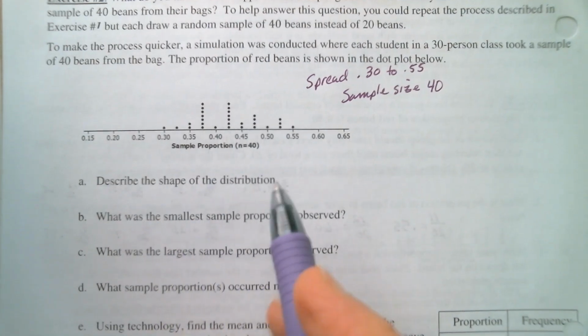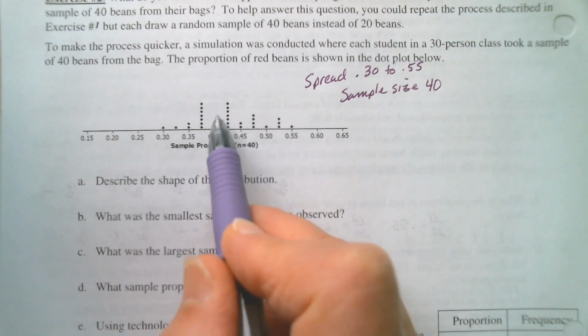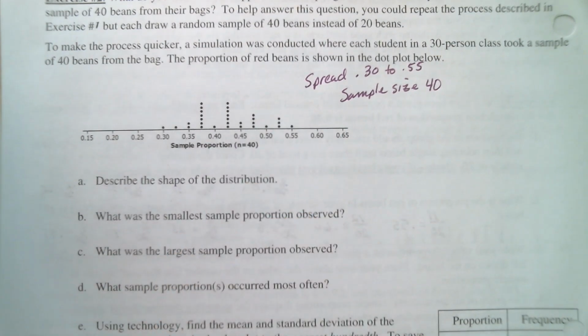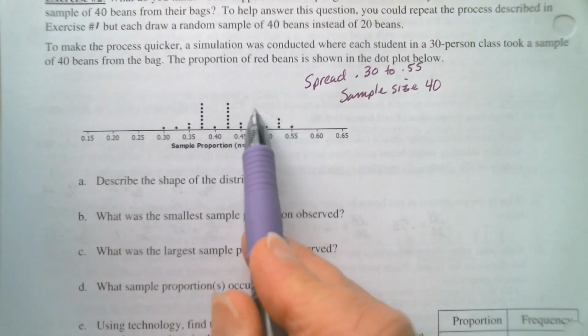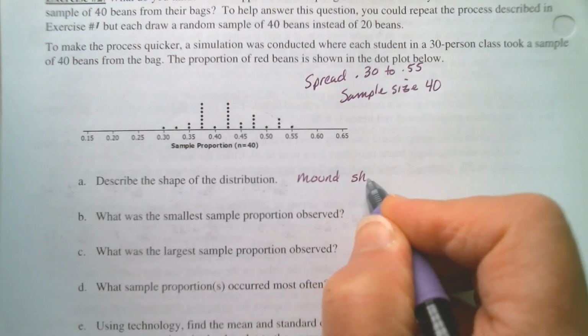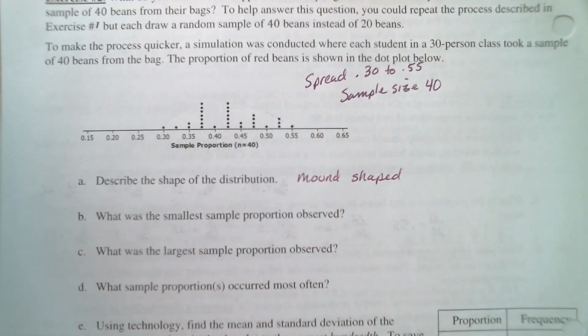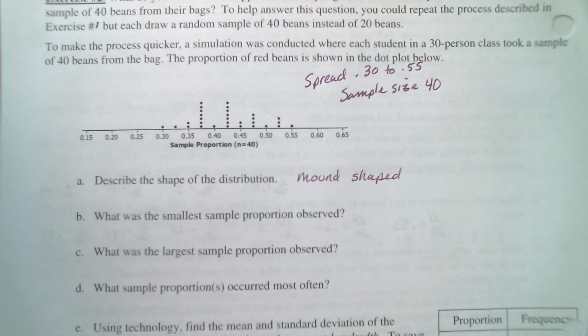Describe the shape of this distribution. It's definitely mound shaped, even though we don't have a center peak. What is the smallest sample proportion? That's our 0.30.